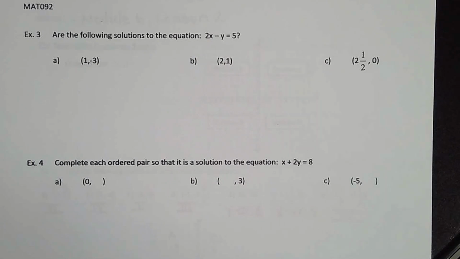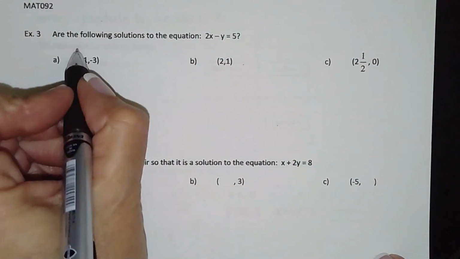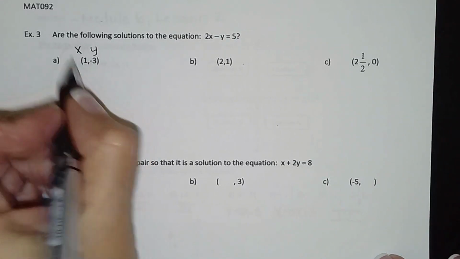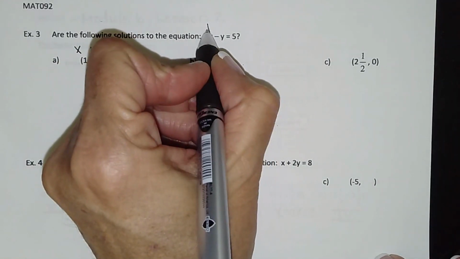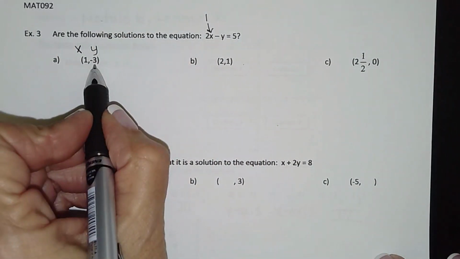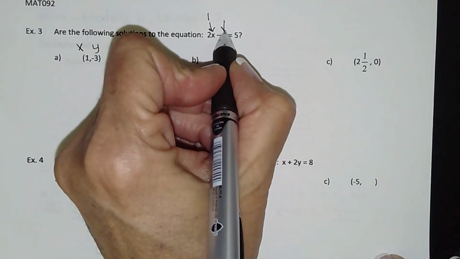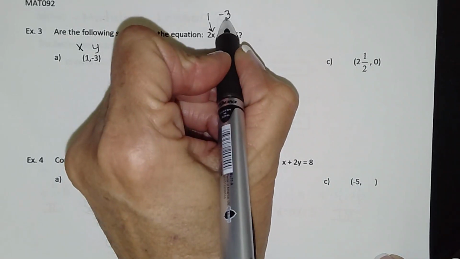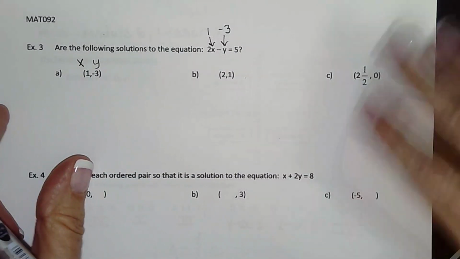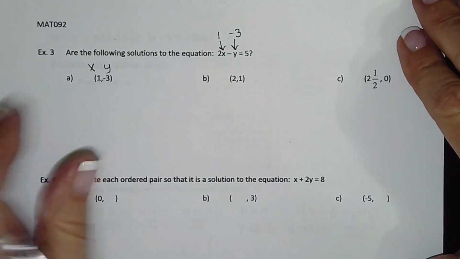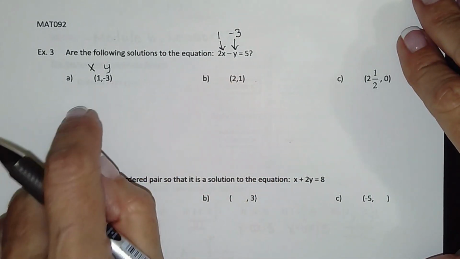So how we test that, we don't draw a graph. We just put first coordinate is x, 1 in for x, and negative 3 in for y. And then we work that out and see if that gives us 5.